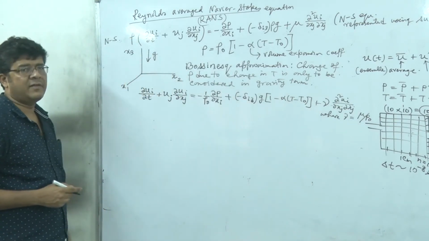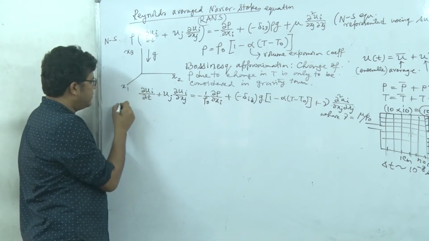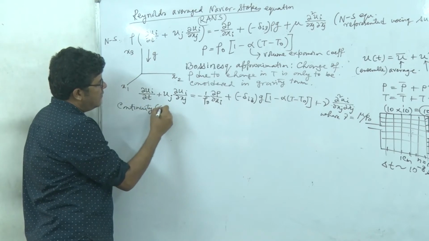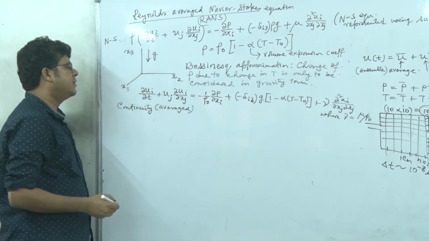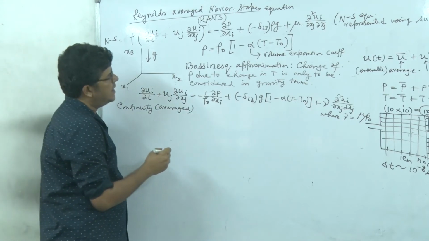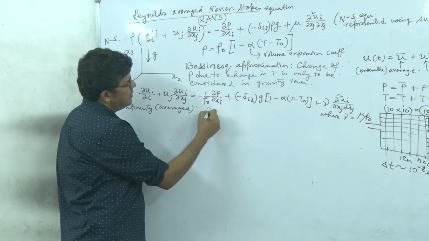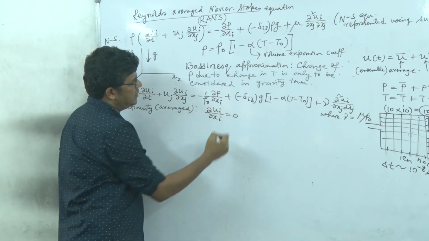So we will go for averaging it, but before that we have to average the continuity equation as well. So continuity averaged. You see that we are considering this continuity in the form del ui del xi equal to 0.